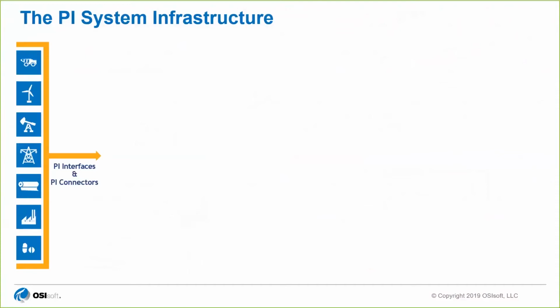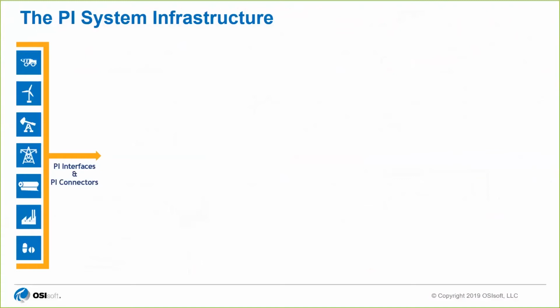So we start off here on the far left-hand side with our assets, right? And I imagine the people that are here today come from a wide variety of backgrounds, but really the PI system infrastructure is very agnostic, and the great thing about it is it's extremely configurable. So it's universal in concept and use.